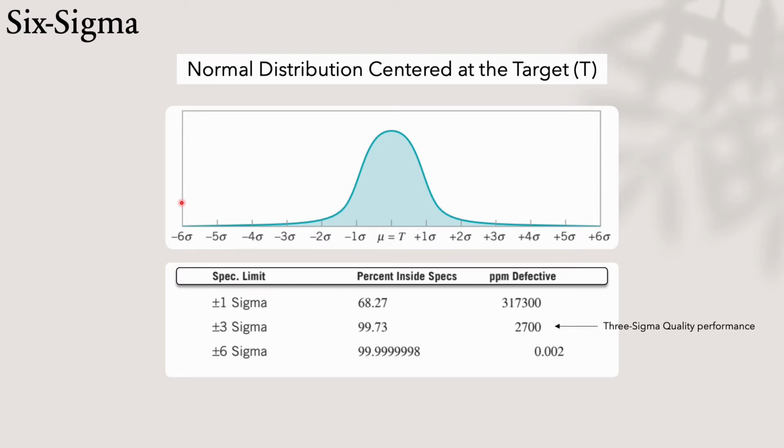Then the percentage of the data that will be within these two limits will be 99.9999998%. This is almost 100% of the data, or almost 100% of the products will be conforming, right? Because almost all of the data is within the specification limits, within the acceptable limits.